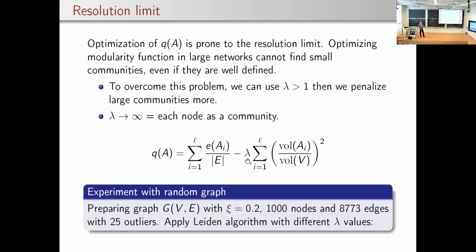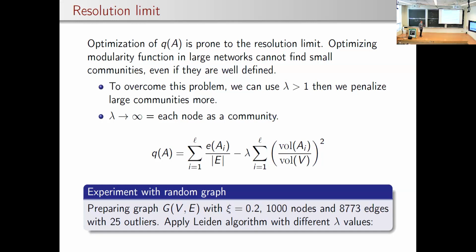So how is it possible that if I change this parameter, I can find something which I call outliers? Yes, of course. For this purpose, I ran some experiments with random graphs. I prepared just one because I just wanted to check what I suspect from some experimental results, and check if this is correct or not.